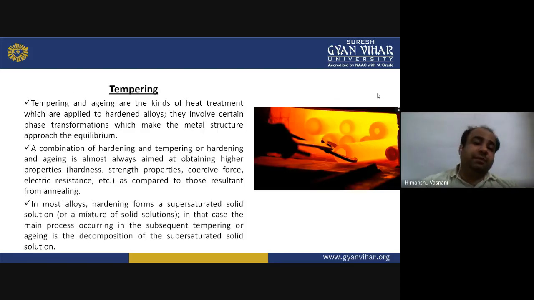Now the tempering process. We have studied heat treatment processes like annealing, normalizing, and hardening.